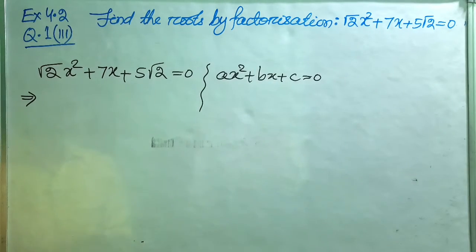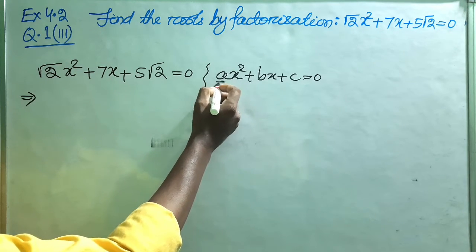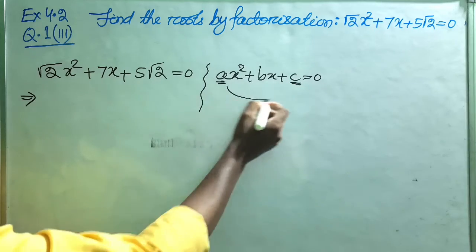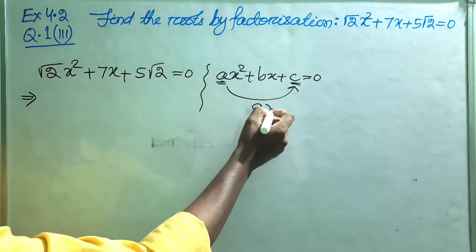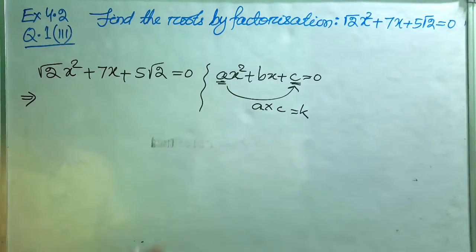Then in factorization method, that is in the middle term splitting method, what we do? First you multiply the coefficient of x square, that is a, with this constant term. That means you have to multiply a with c. Suppose on multiplication you get the number k.